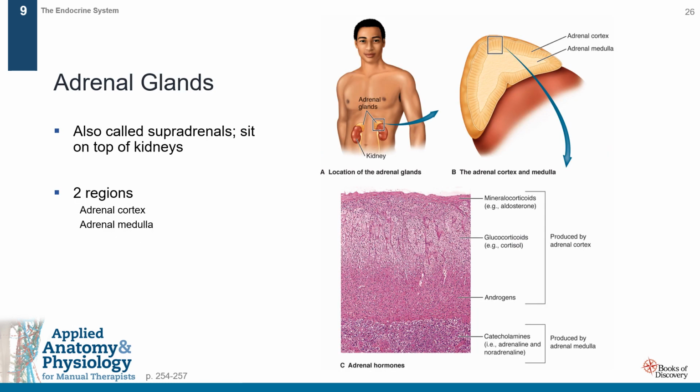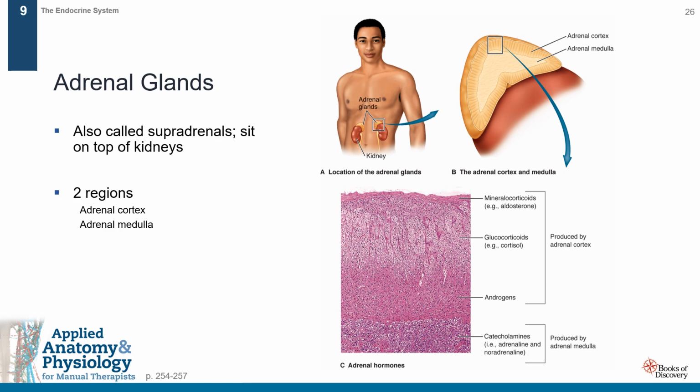The adrenal glands, also called the supraadrenal glands, sit directly on top of the kidneys. Each gland has 2 regions that function as independent endocrine glands. The outer region, the adrenal cortex, secretes steroid hormones called corticoids.